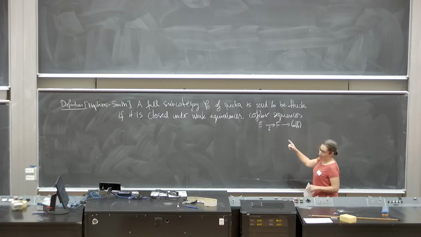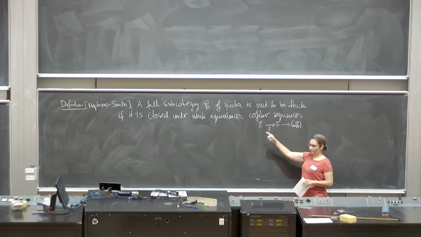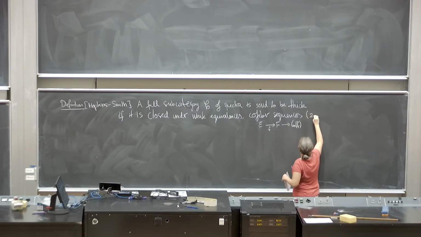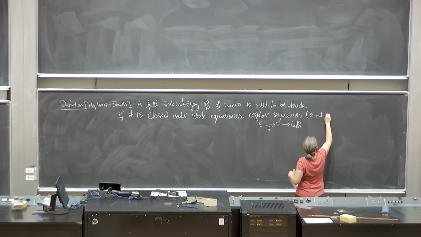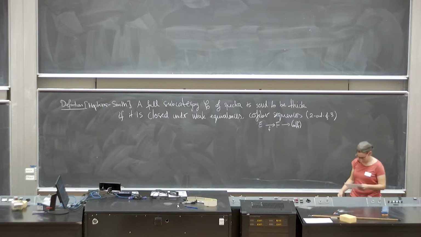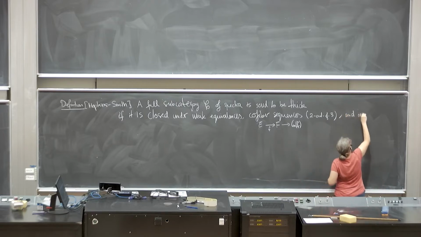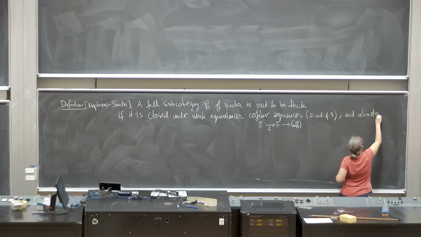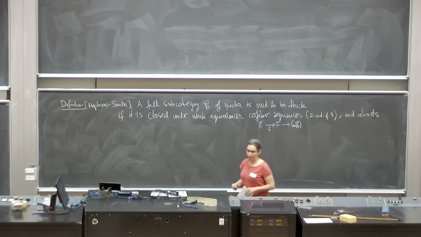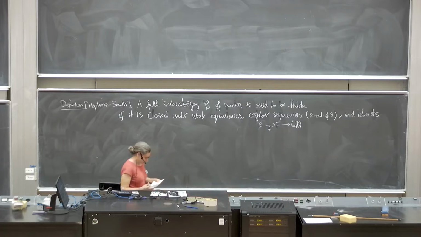So for cofiber sequences, that means that if two are in C, then the third must be in C. So that means two out of three in these cofiber sequences. Right? And retracts. So if you have a spectrum in C, any retract must be in C, right?